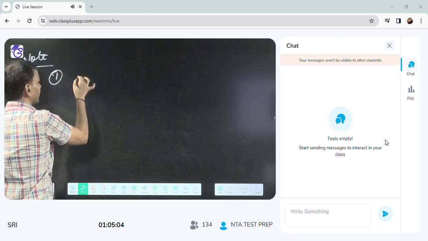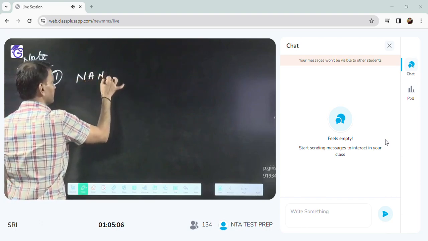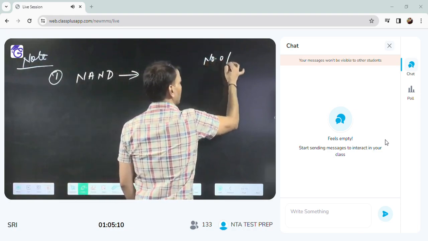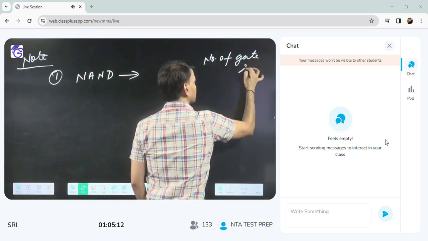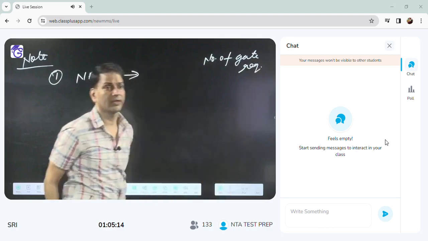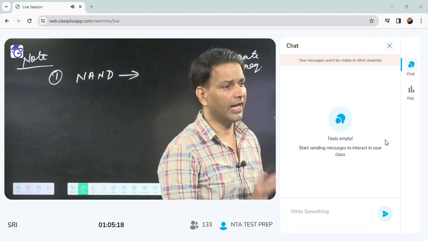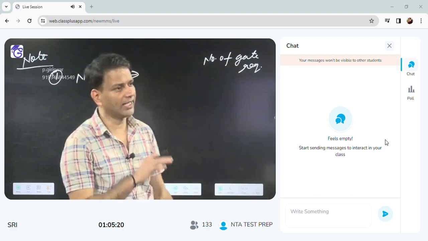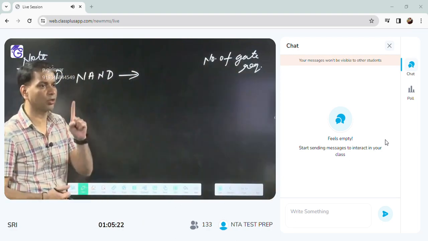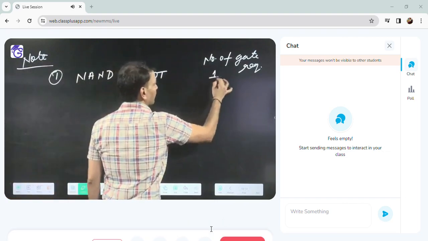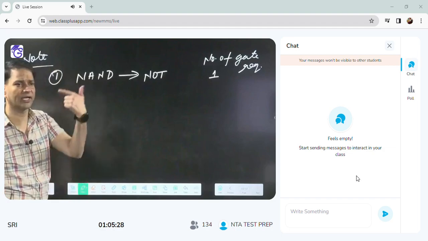First I am saying NAND gate. NAND to NOT: only one gate is required. Only one NAND gate gives the NOT gate.